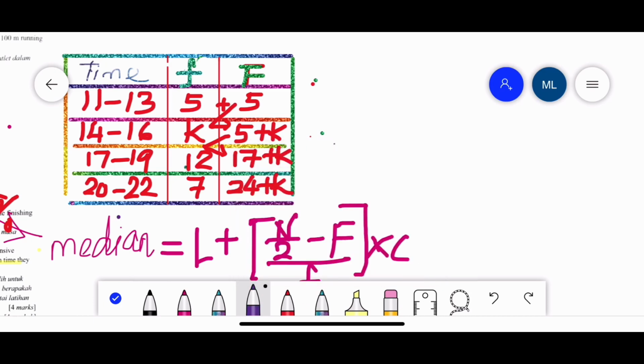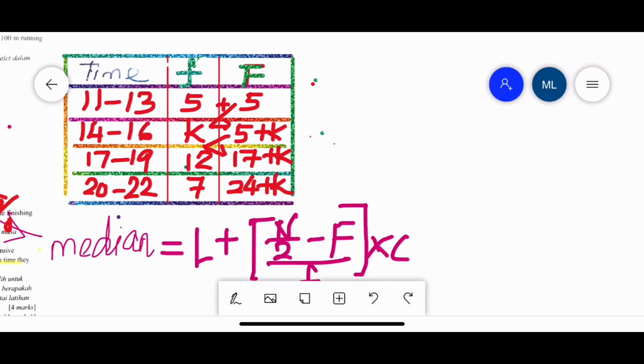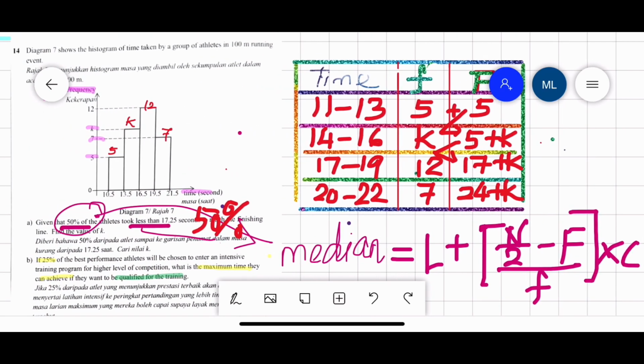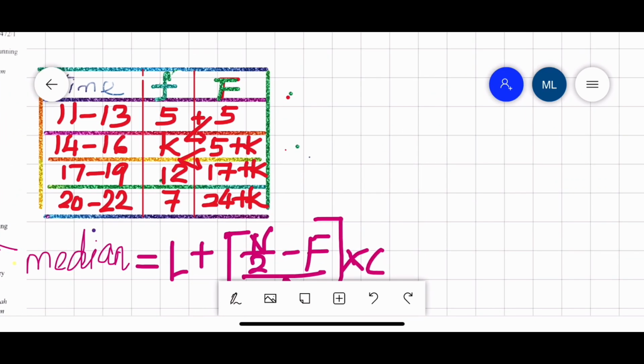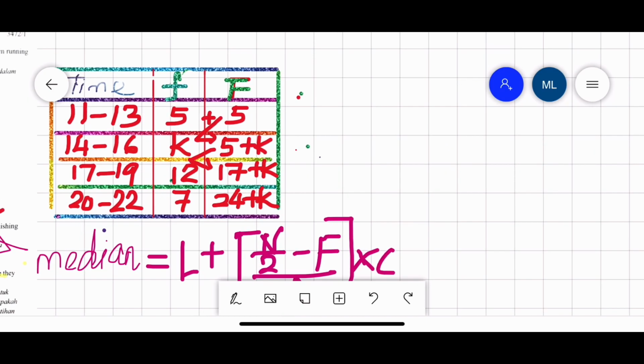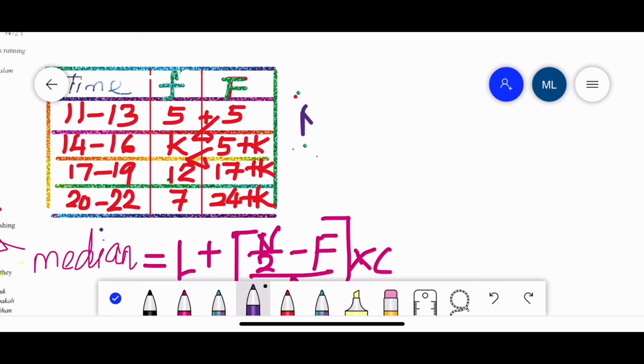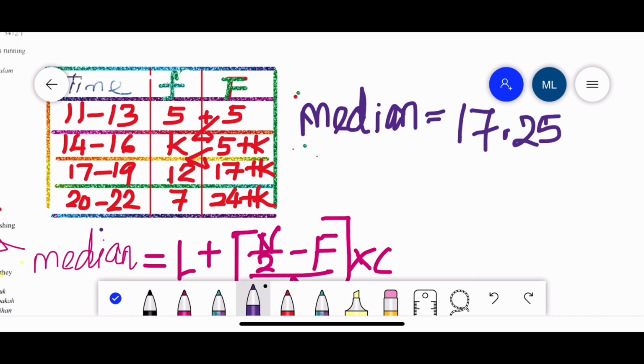Of course it will be the class interval 17 to 19, right? Because the median lies in that particular class. So you need to highlight that class, and then based on that class interval, we will find all the important data to fill into the median's formula.